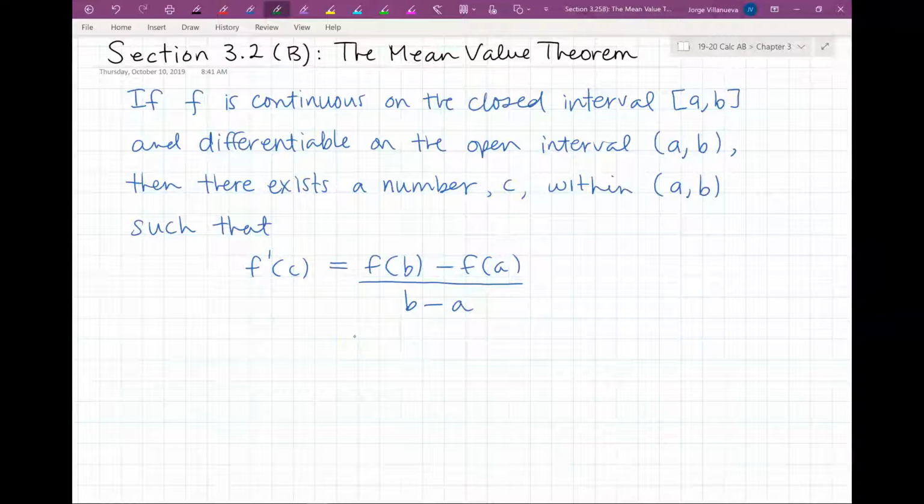Basically, because sometimes it's hard to understand what they're talking about, let me just give you an example. Let's say we had a graph that goes like this.